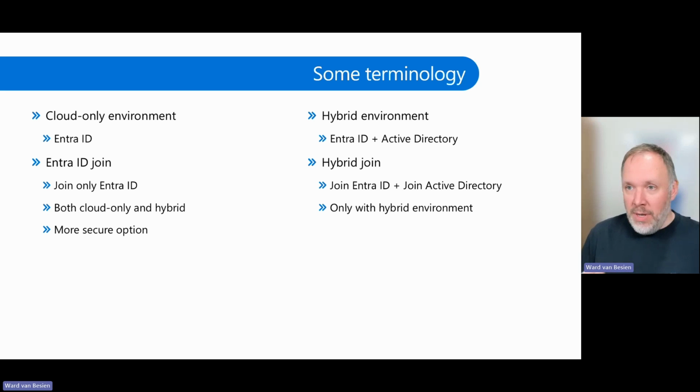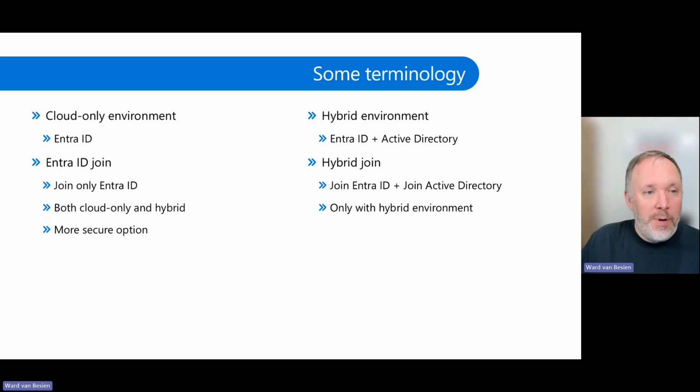And so the reason I point this out is a cloud-only environment and hybrid environment, they do have some different requirements and different things you're going to be doing, but the options may not be entirely what you expect them to be, because here we're talking about the environment itself. And so a hybrid environment, for example, Microsoft is still very much a hybrid environment.